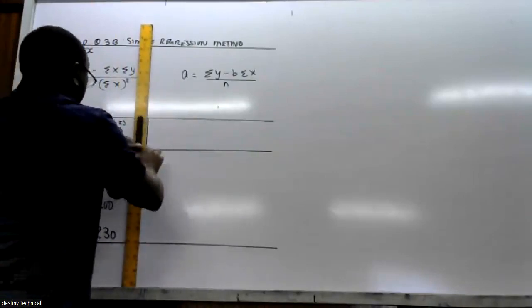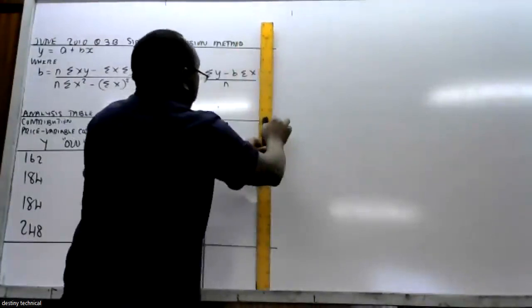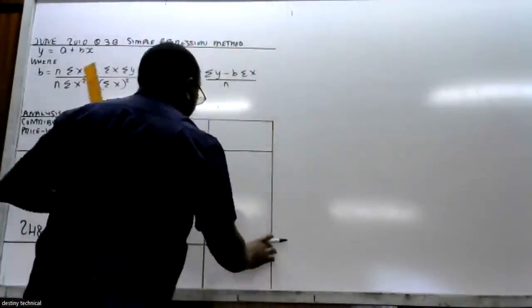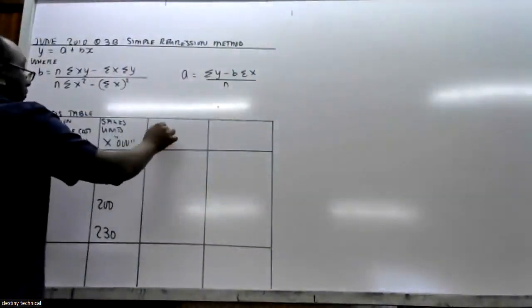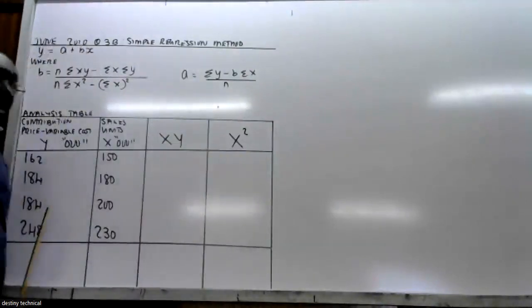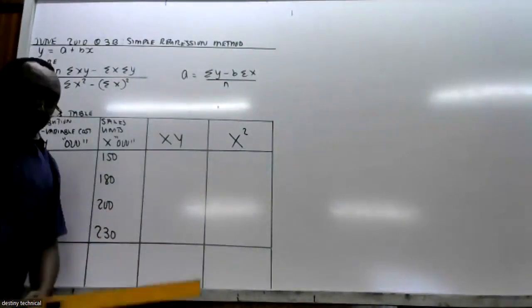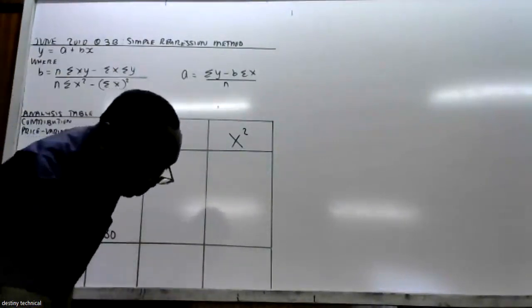So what I would like you to do now is to create two other columns and fill them. A column of X multiplied by Y and a column of X squared. Then I will come and give you the totals down here for the 4 columns. Okay.